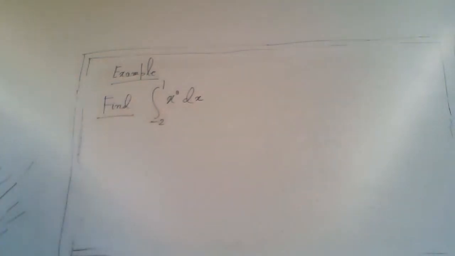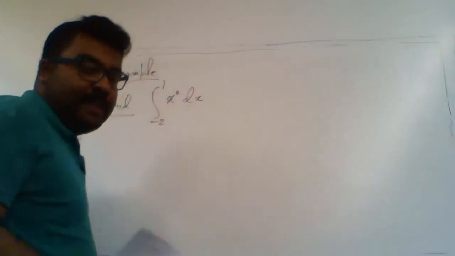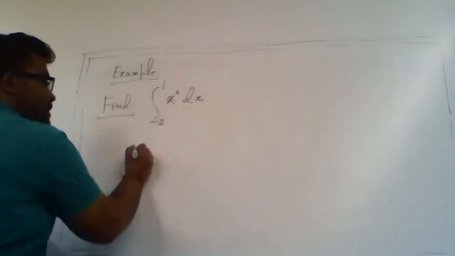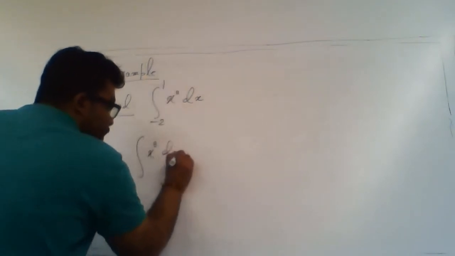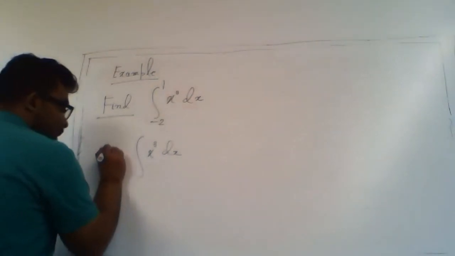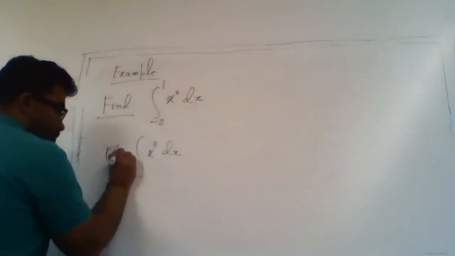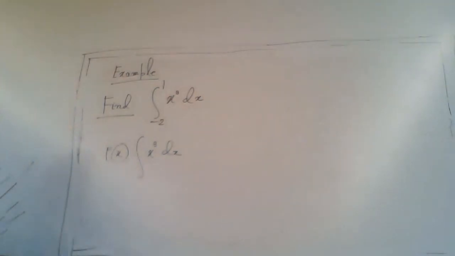So how do we do this? The evaluation theorem says to just ignore the limits. Forget minus 2 and 1 and consider this function. You name it, say, capital F(x), whatever result we get.